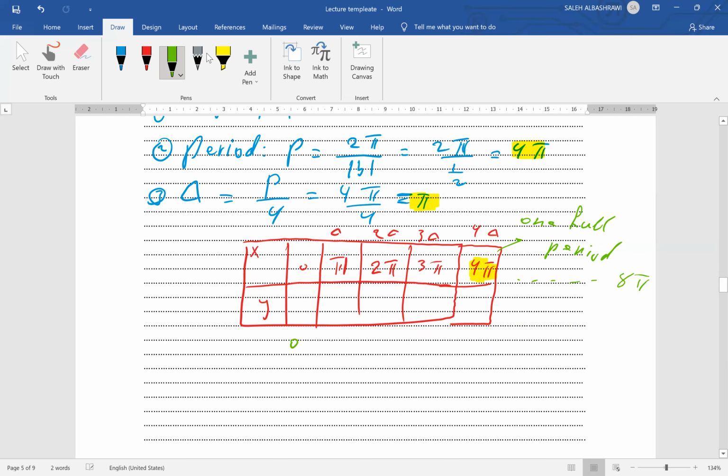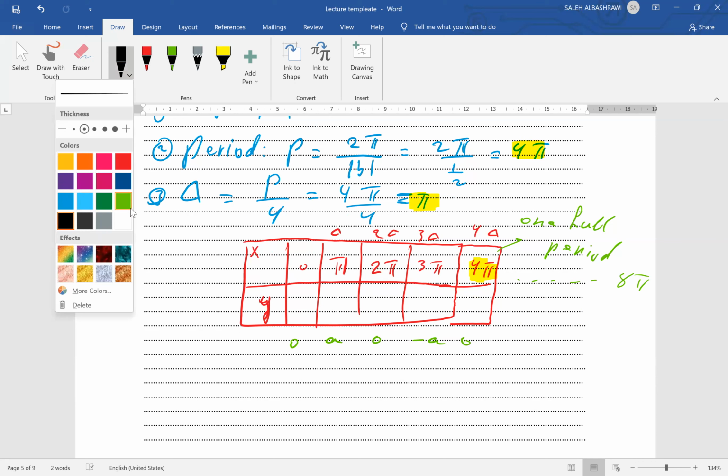0, then it is a, then 0, minus a, and 0. This will be the values of y if we use delta as values for x. So if x equals 0, y will be 0.